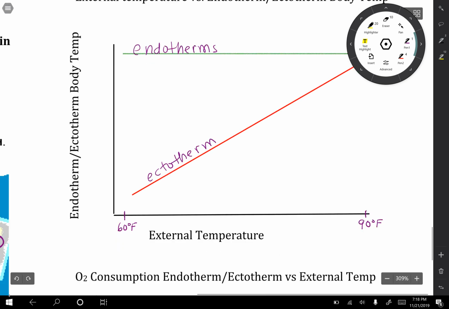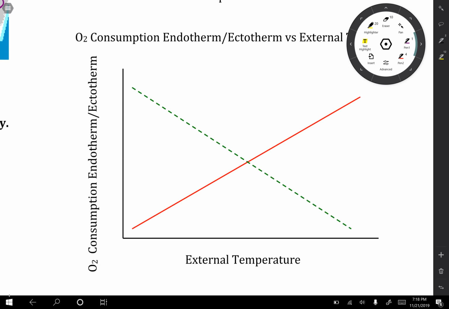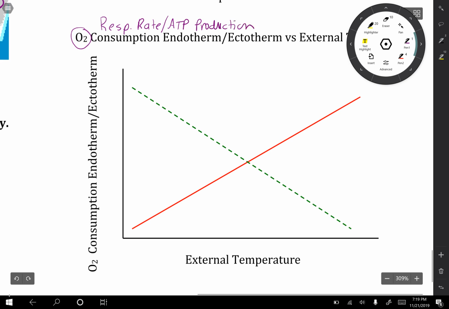And then this is what they found with respiration, which was kind of neat. Using the respirometer, they asked how O2 consumption, otherwise known as respiration rate, otherwise known as ATP production, changes.